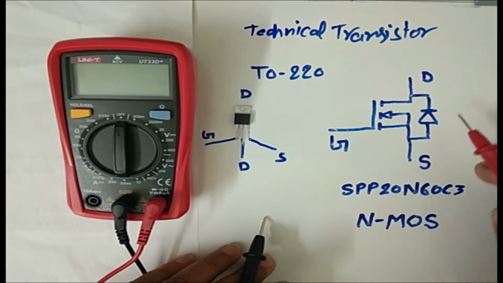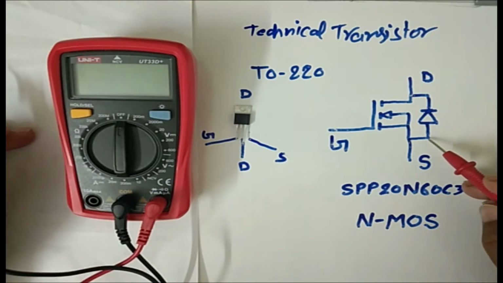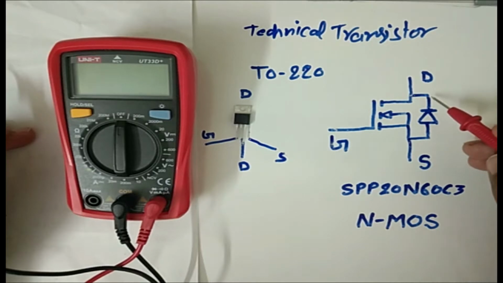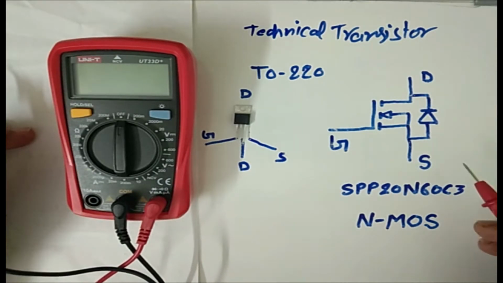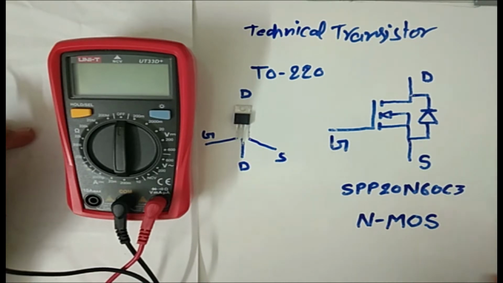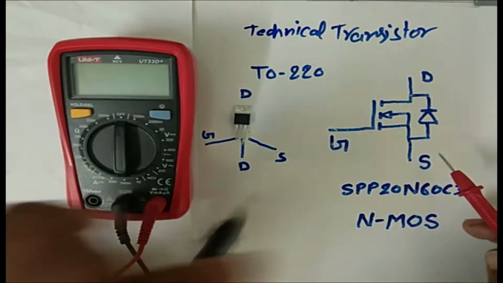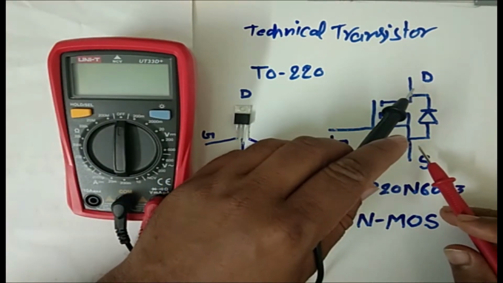So in MOSFET testing, the main point is to test this diode. You can see here, this is the anode and this is the cathode. In a simple way, as we test a simple diode, we will test this body diode, keeping the red lead here at the source and black here at the drain.